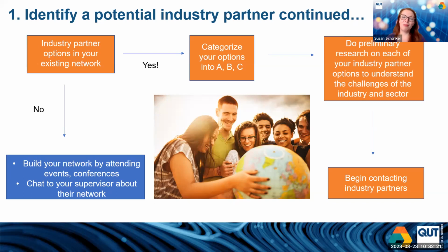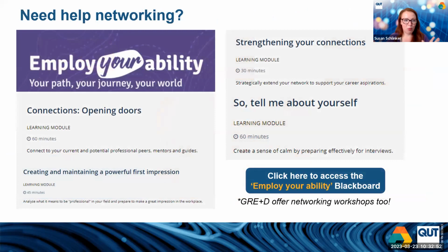You've got some background information on what they do, if they've been in the news recently, if there's anything that they're celebrating, maybe they got a grant, so you've got some background information that you can arm yourself with before meeting with them, and then begin contacting the industry partners by email to say, I'm interested, and I'll take you through how to do that a little bit later.